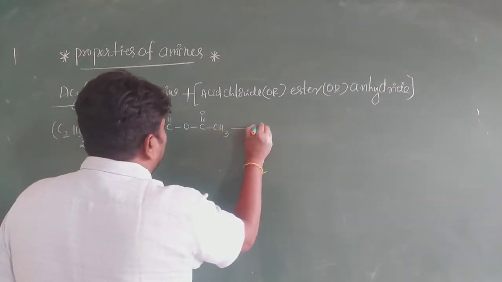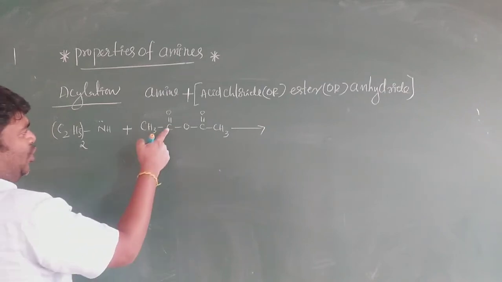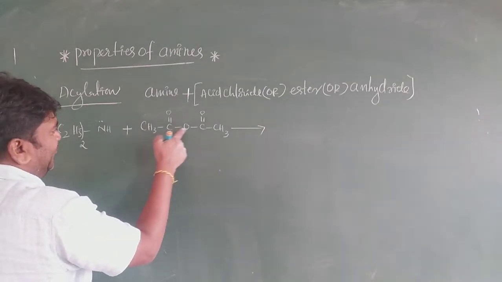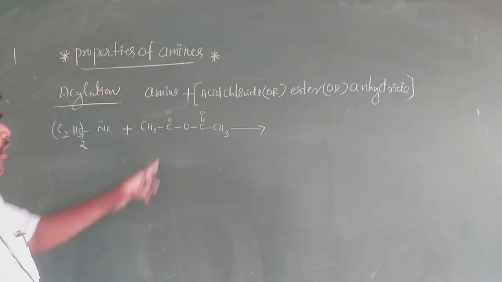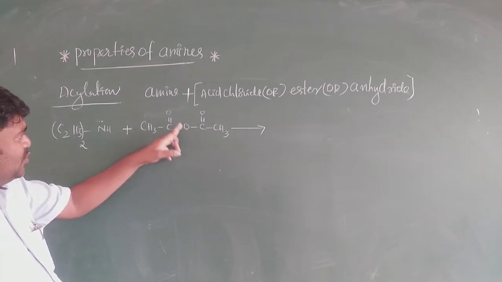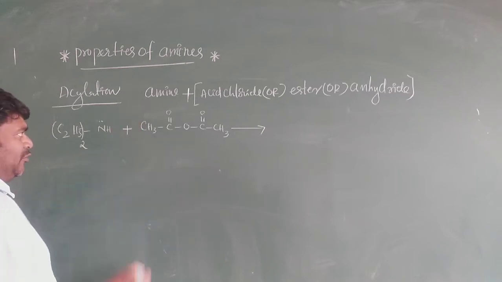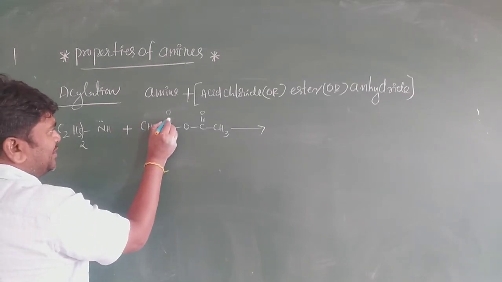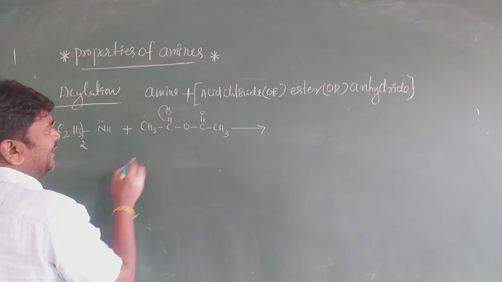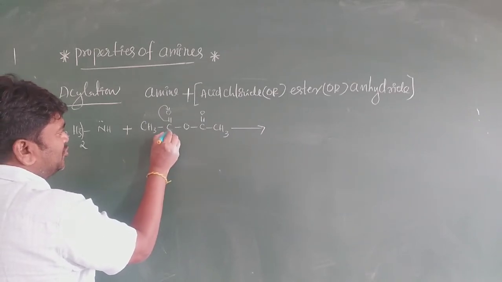What happened here? Now between carbon and oxygen, which is more electronegative? Oxygen is more electronegative. These two electrons are shifting to here, so it acquires a positive charge.